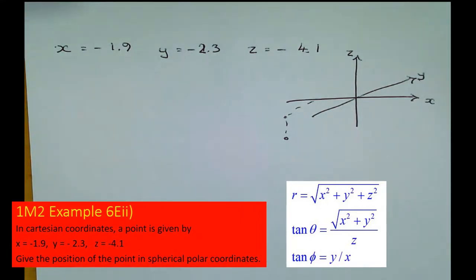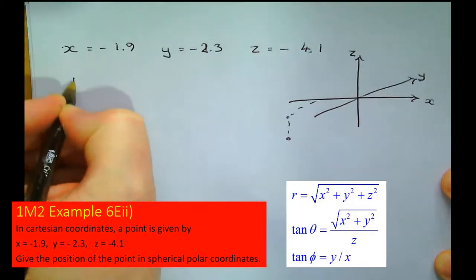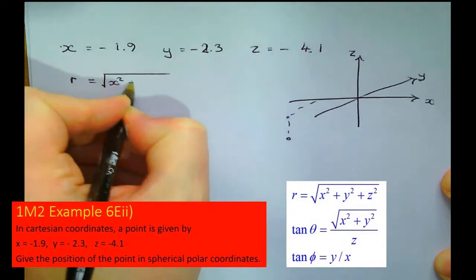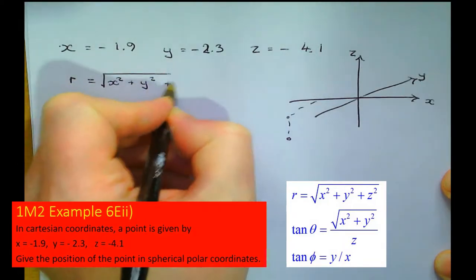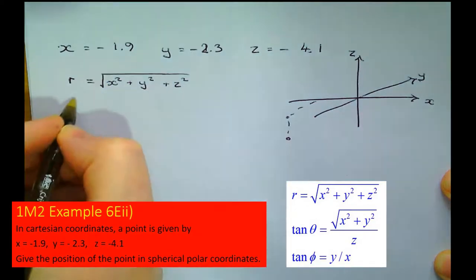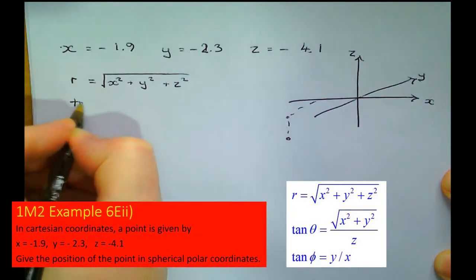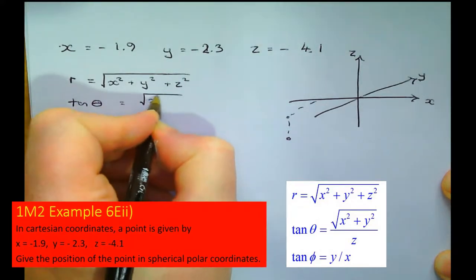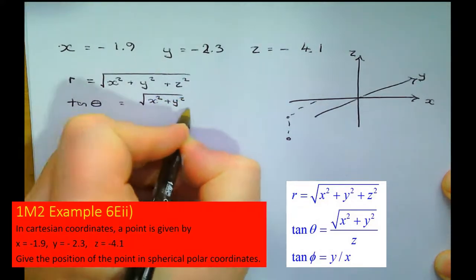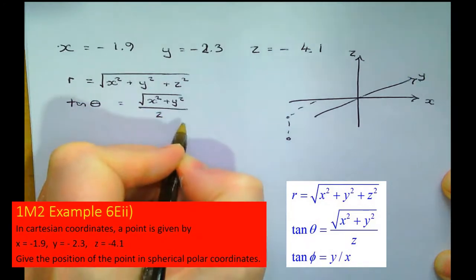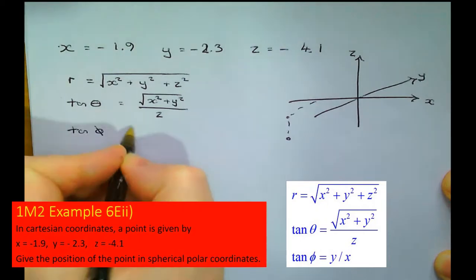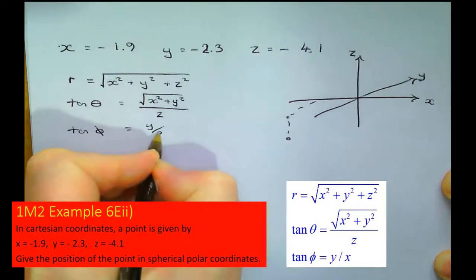We have the formulae. R is equal to the square root of x squared plus y squared plus z squared. We have that tan theta is equal to the square root of x squared plus y squared over z. And we have that tan phi is equal to y over x.